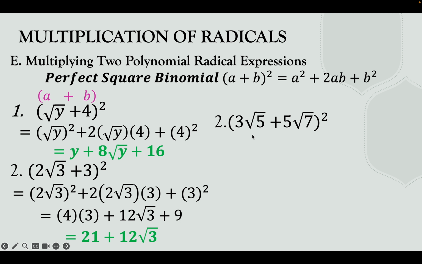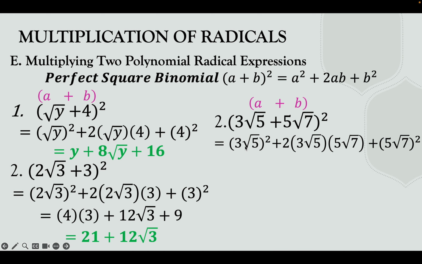Example number 3. So we have 3 square root of 5 plus 5 square root of 7 squared. So we have here now 3 square root of 5 squared plus 2 times 3 square root of 5 times 5 square root of 7 plus 5 square root of 7 squared. So we have here 3 squared, we have 9, and then square root of 5 squared, we have 9 times 5. 2 times 3, we have 6 times 5, 30.